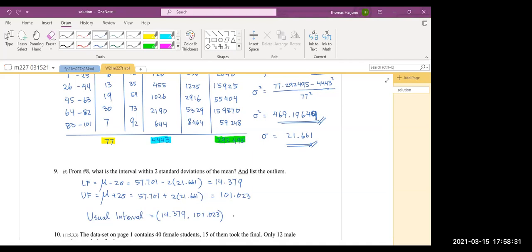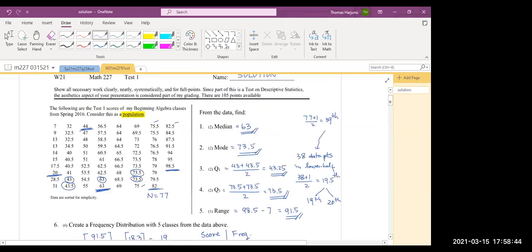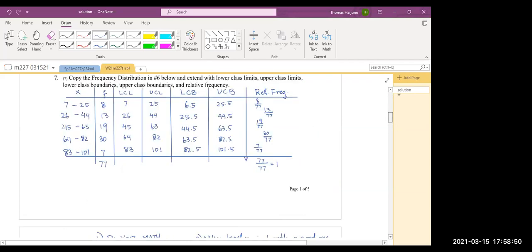Now then, what's the outlier? The lower fence is what? 14.3. Oh, wow.